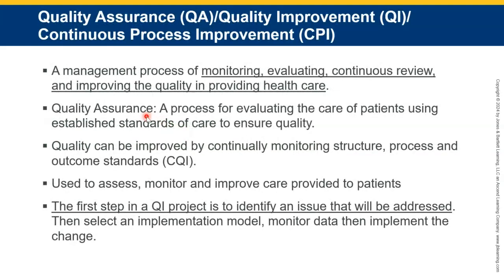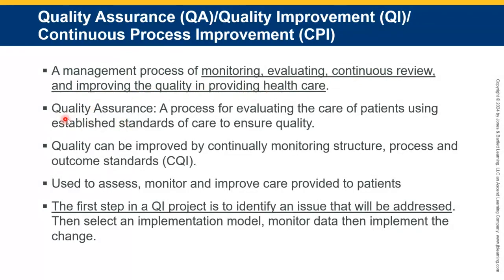Okay, so this next one here, we're talking about quality assurance, quality improvement, continuous process improvement, a management process of monitoring, evaluating, continuous review, and improving the quality in providing healthcare.